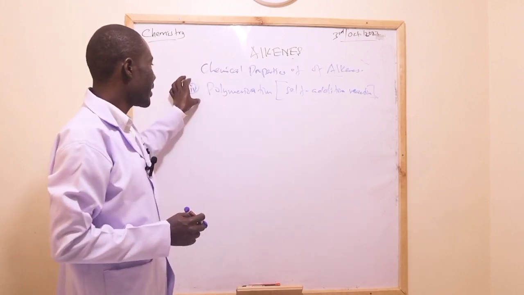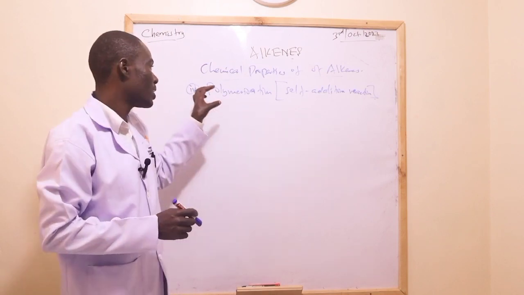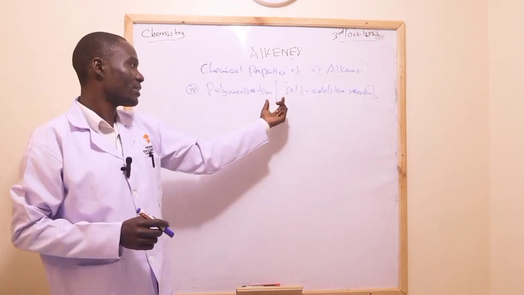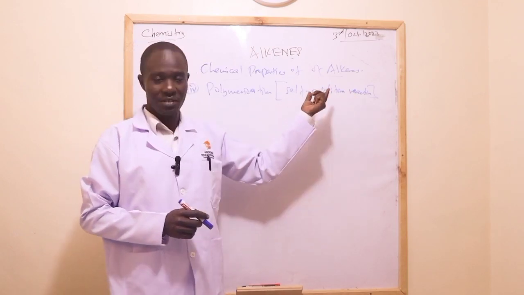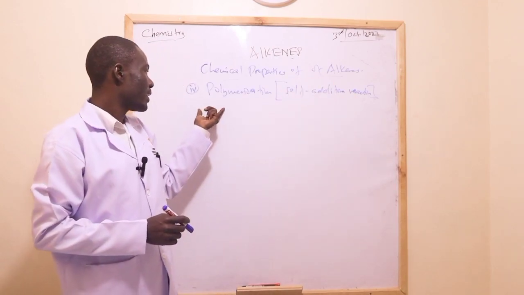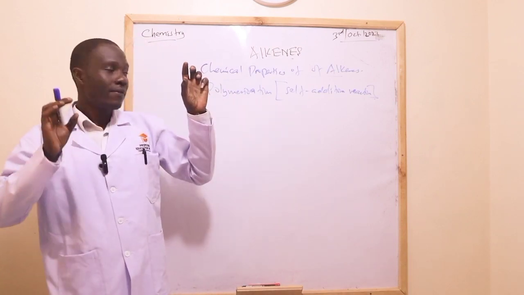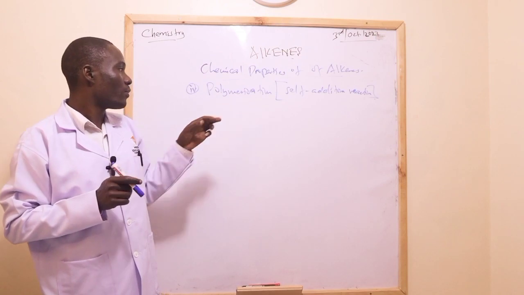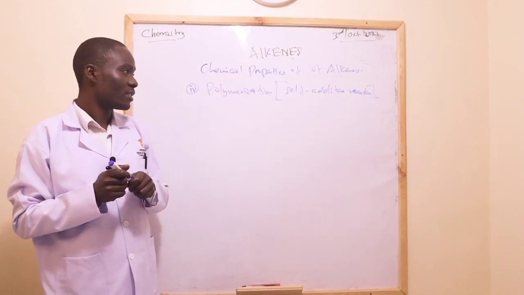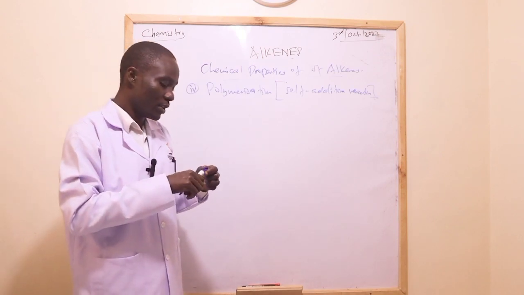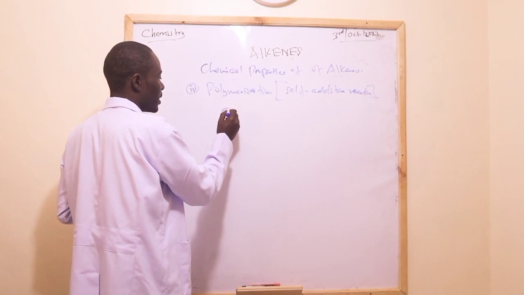Okay, so the fourth type of addition reaction is polymerization, or we can call it self-addition. Why is it sometimes called self-addition? This involves the union of molecules of members of alkenes. Since we were using ethene, for example, we have ethene in this manner.